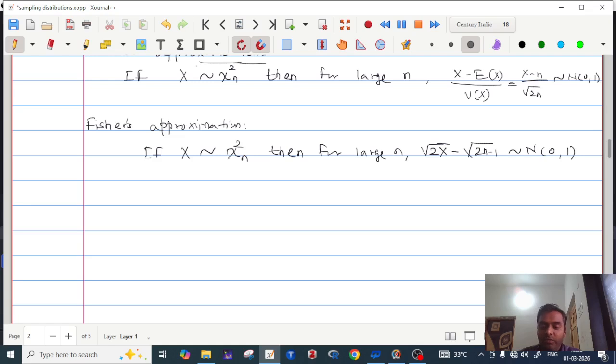So this is one more approximation, which is called Fisher approximation. We use it for larger n.